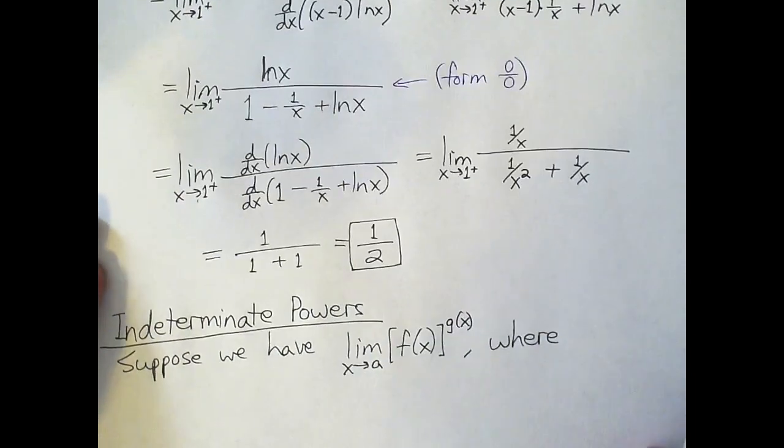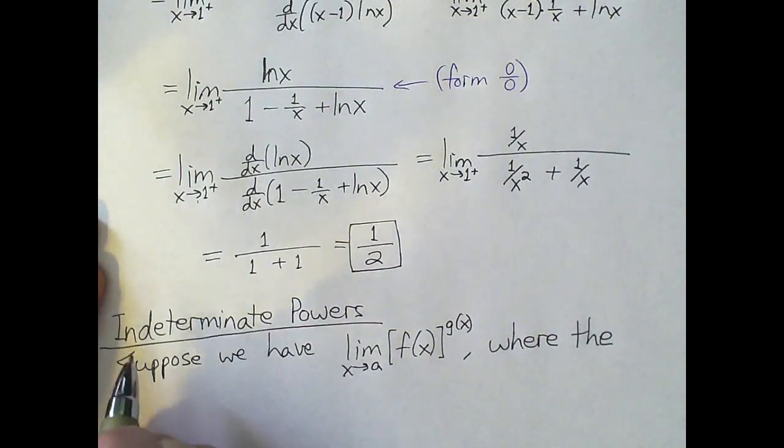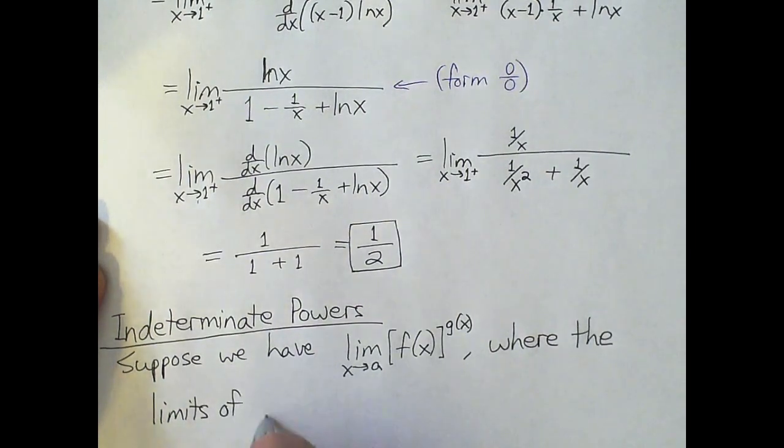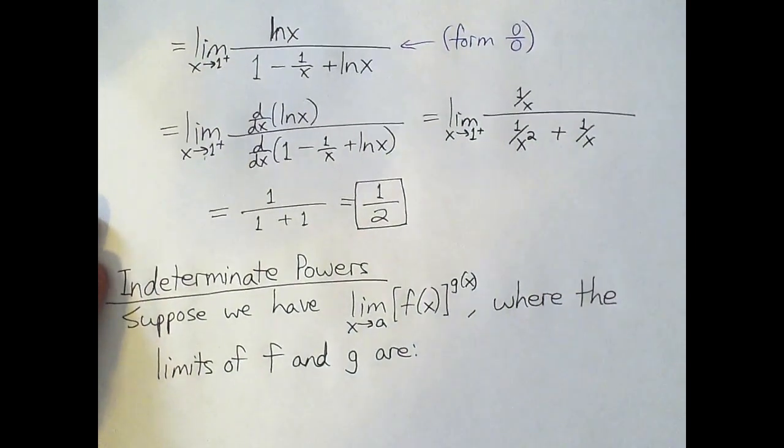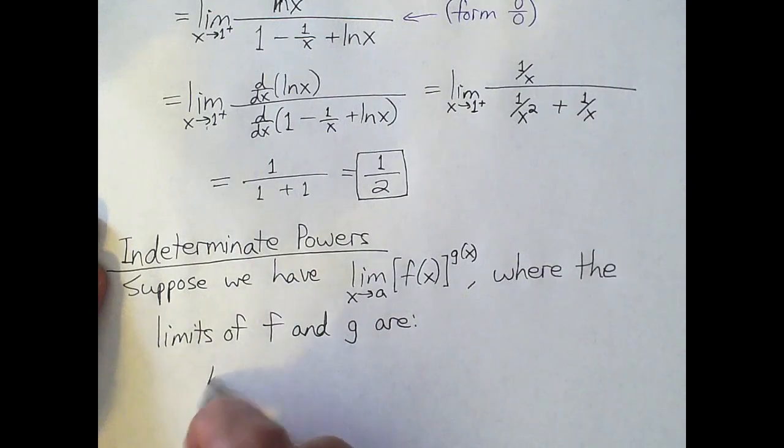I mean, we've seen functions raised to functions before, but maybe not a limit problem like this. Suppose we have this where the limits of f and g are, I'm going to put a little star here, could be 0 and 0.